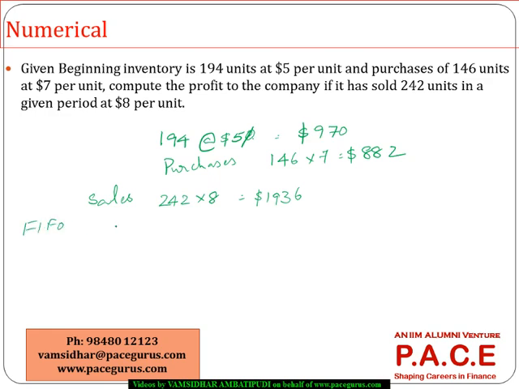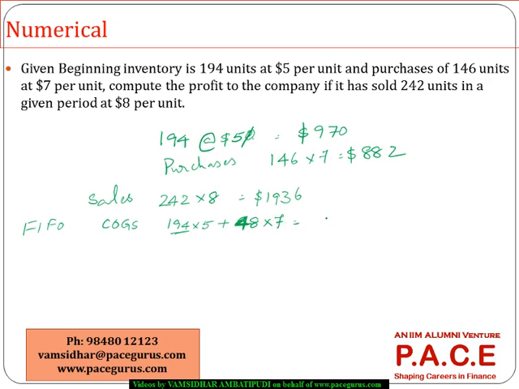When I go with FIFO, what is the cost of goods sold here? 194 units, I take them at $5, and the remaining 48 units. 242 units are sold, 194 from the original and 48 from the new, which I have purchased at $7.